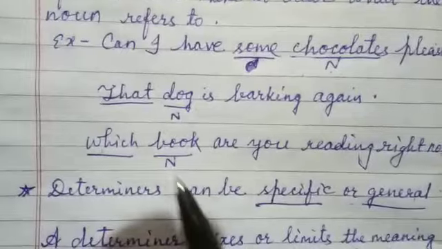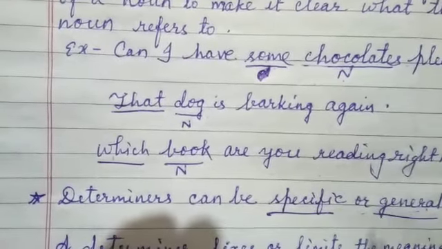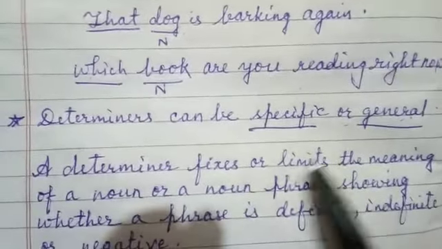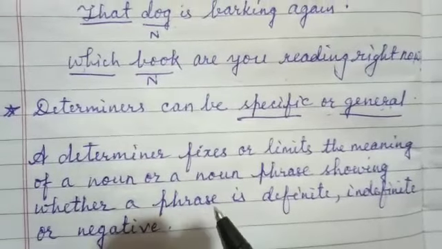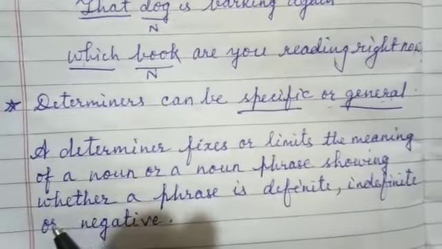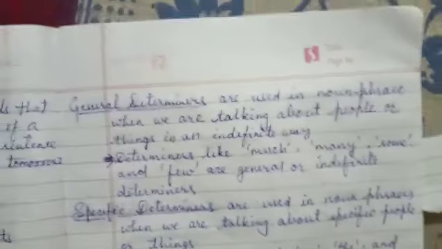Now these determiners can be specific or general. A determiner fixes or limits the meaning of a noun or a noun phrase, showing whether a phrase is definite, indefinite or negative. Now, what are the general determiners?